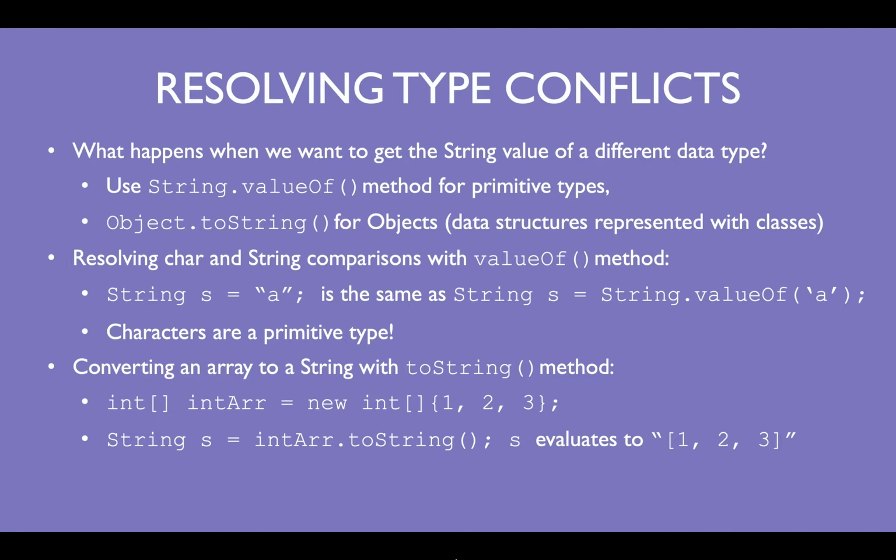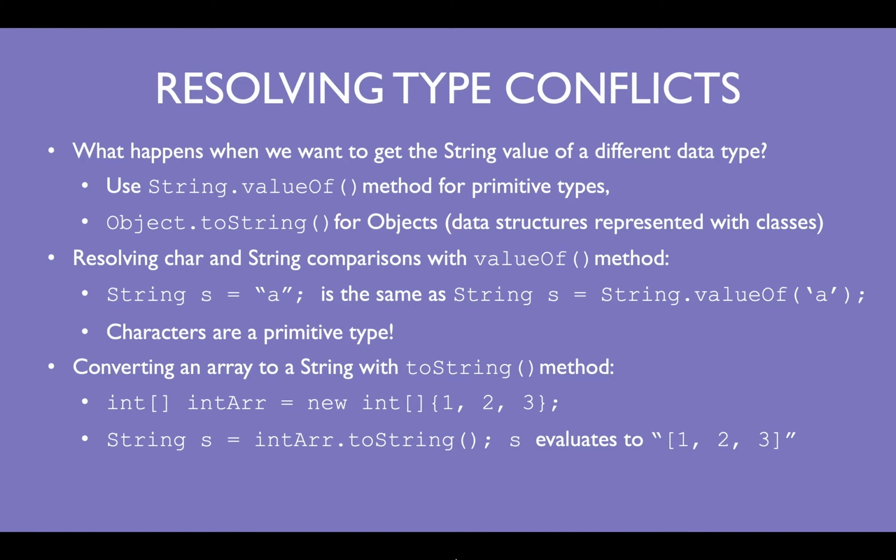So going back to our example of resolving the difference of a character A and a string of A, let's say we have a string s equals the letter A, and this is actually the same as declaring string s equals String.valueOf the character A. And note that the character A is in single quotes, so it's a character. So we can sort of cast the character into a string using the valueOf method. And this is because we're using valueOf because characters are primitive types.